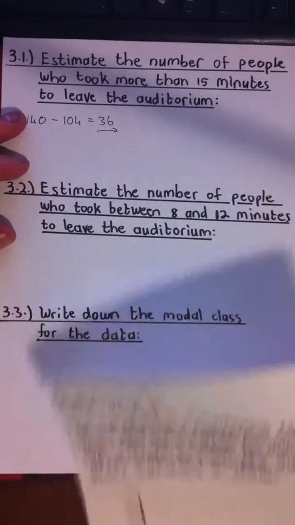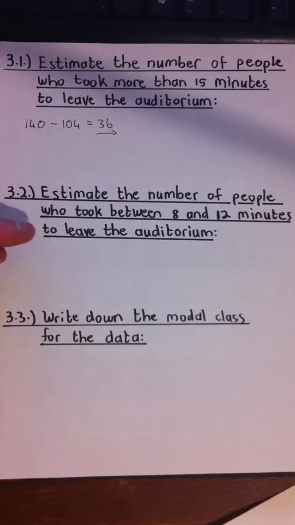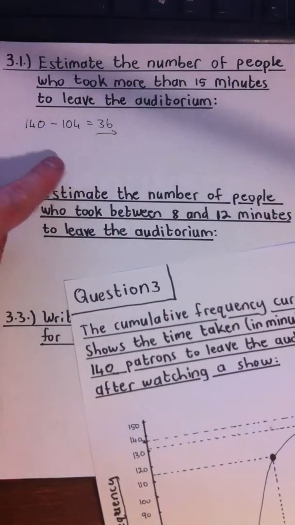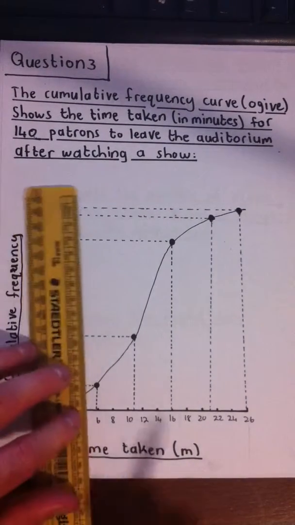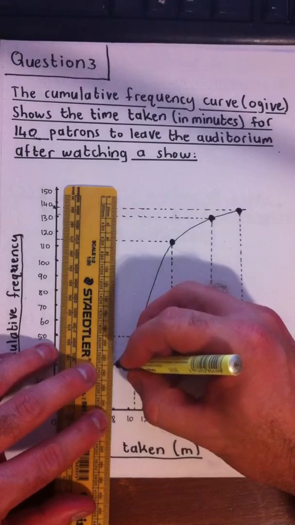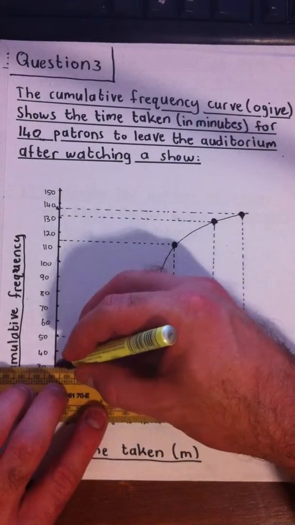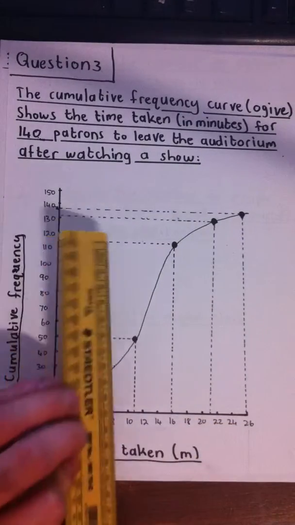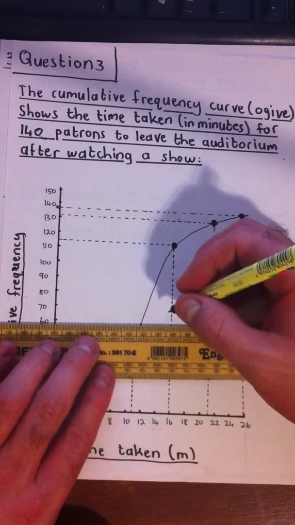Question 3.2. Estimate the number of people who took between 8 and 12 minutes to leave the auditorium. Again, we'll have to do something similar to what we did here. So between 8 and 12 minutes, we have to find our values at the 8-minute mark, which is around about 30, and at 12 we have something that looks like about, let's call it 58 or so.